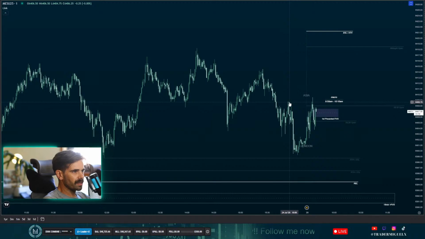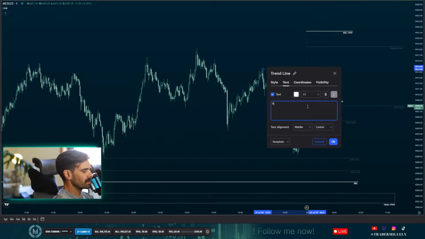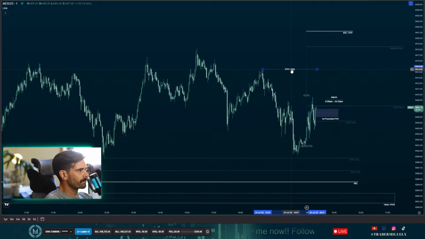But it's not happening on ES. So the next buy side liquidity point here on ES would be this one right here. Regular trading hours, buy side liquidity. Yeah, that's not what I want.